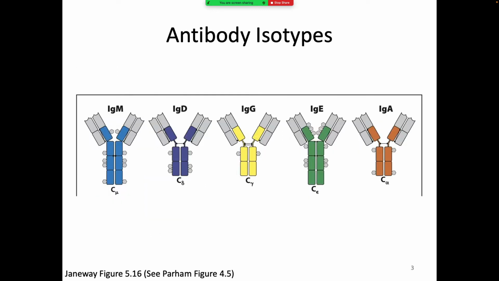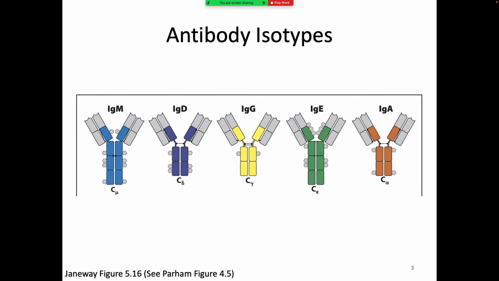So just to go into a little more detail about some of those structures. When we talk about the constant region, what we mean as far as constant is that there are not millions and millions and millions of types. Instead, there are 5 major types.